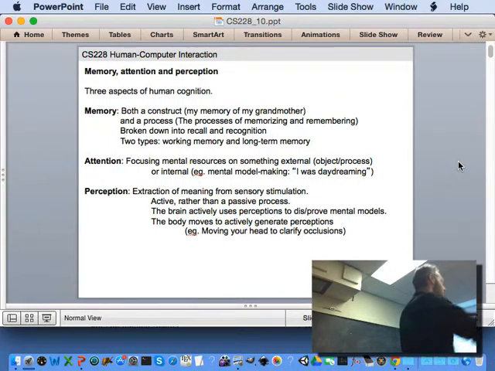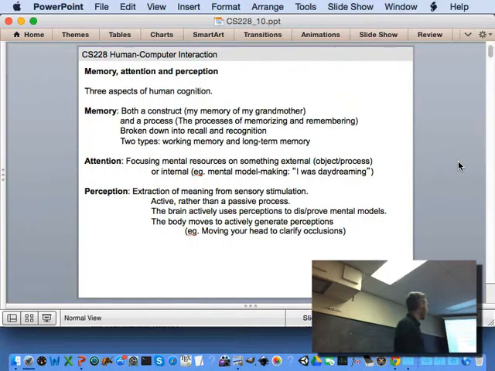Do you perceive in that chaos of photons a person you recognize, something that's unfamiliar, who knows? And building up this perception is an active process. Your eyes are always saccading and jumping from one part of the visual field to another. You're actively trying to construct or pull meaning out of your sensory stimulation.